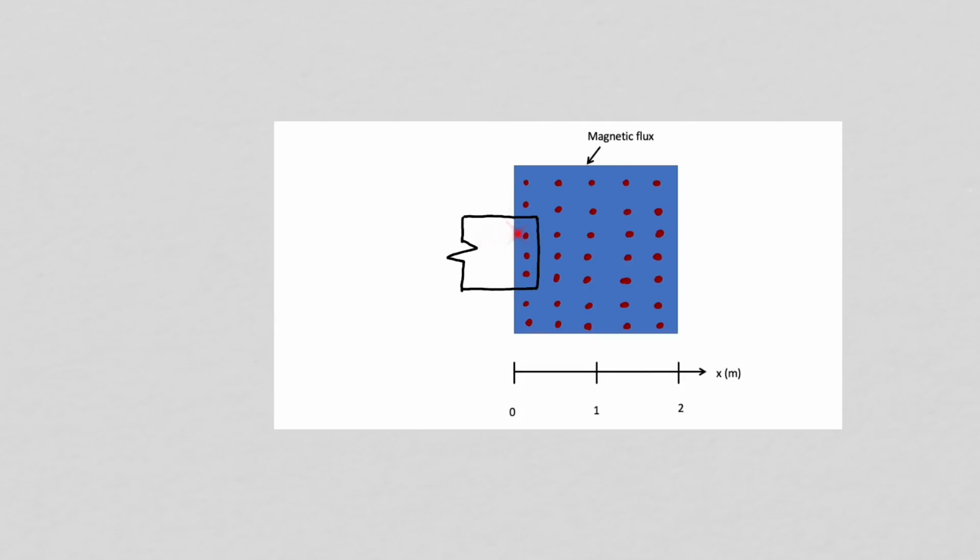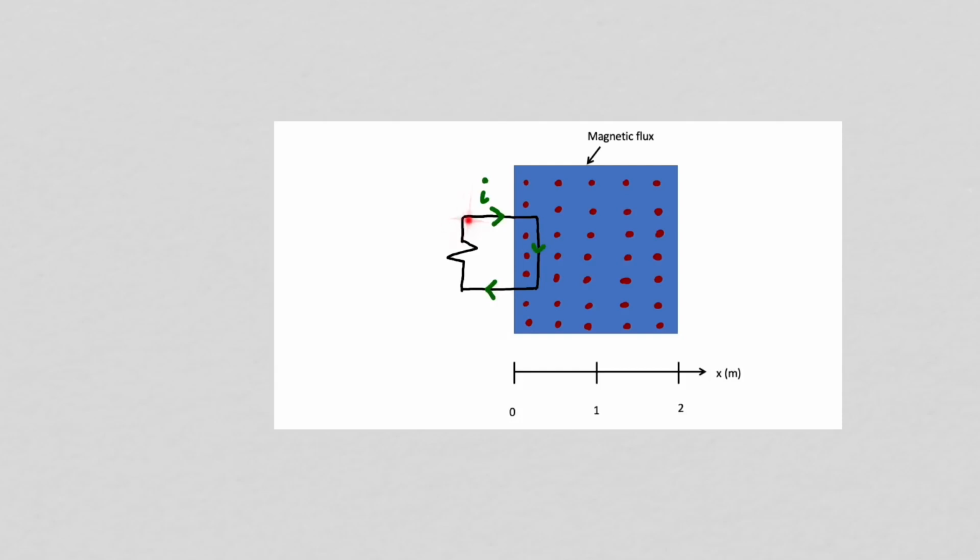Since the magnetic flux out of the page in our circuit is increasing, Lenz's law tells us that there will be an induced current to produce a magnetic flux into the page inside our circuit. We know if we point our right thumb in the direction of the current flow, our fingers will curl around the wire in the direction of the magnetic flux.